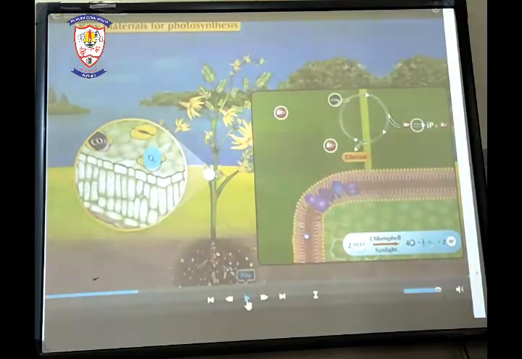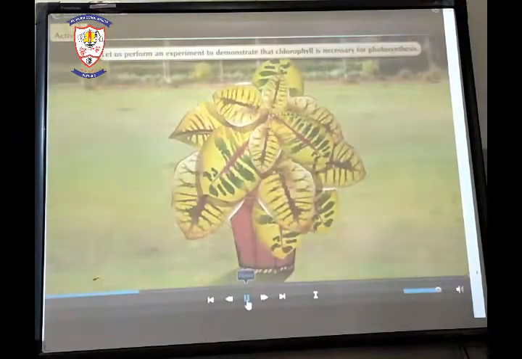Now we can understand the importance of each raw material required for photosynthesis, and for that we have to perform an activity and observe the experiment to demonstrate that chlorophyll is necessary for photosynthesis.